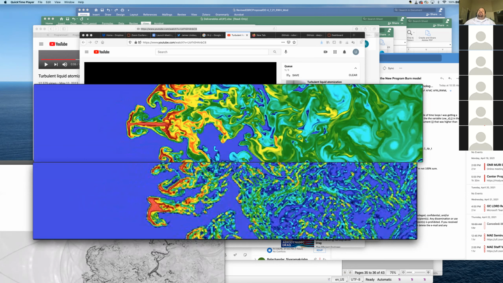But also, if you have a very strong shockwave interacting with a droplet, you will split the droplet into on the order of 1 billion smaller subdroplets.